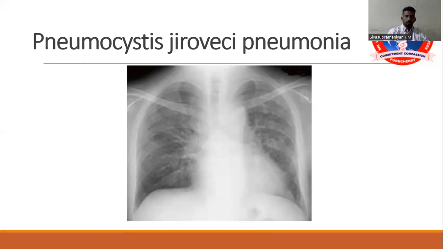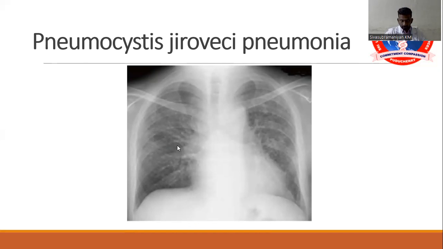Now coming on to opportunistic infections like HIV, based on the CD4 count of the HIV, you get various opportunistic infections, and one of the most easily treatable causes of pneumonia in HIV is the pneumocystis jirovecii pneumonia, and it has typical hallmark radiological appearances.